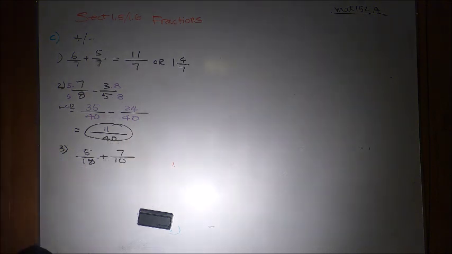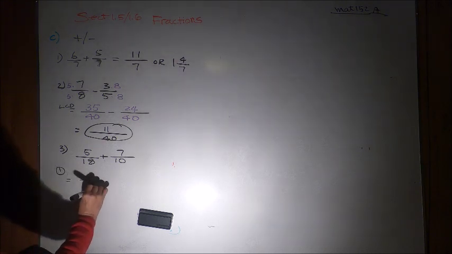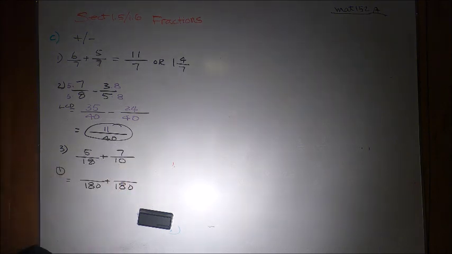How about this one? What kind of denominator will you use? If you look at that, you say, okay, I probably can use 180, because 10 and 18 can go into 180.